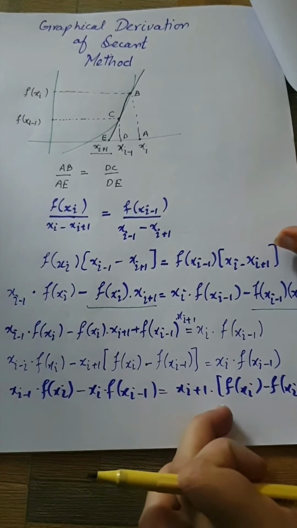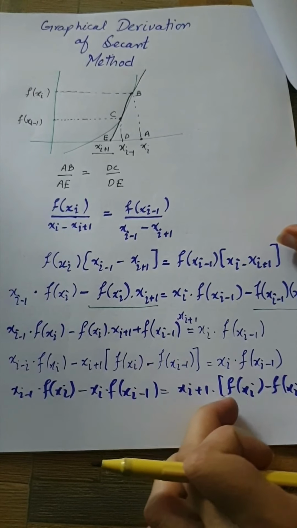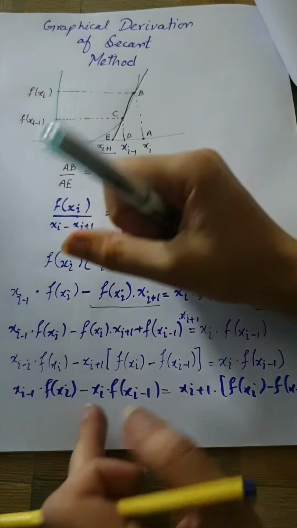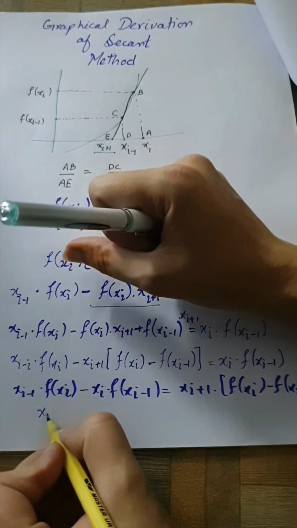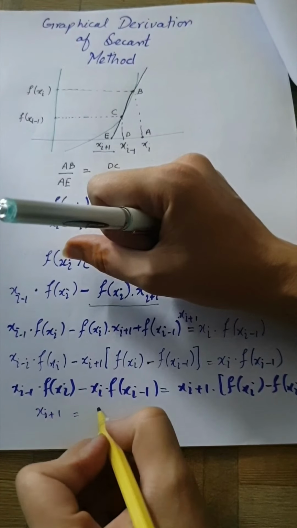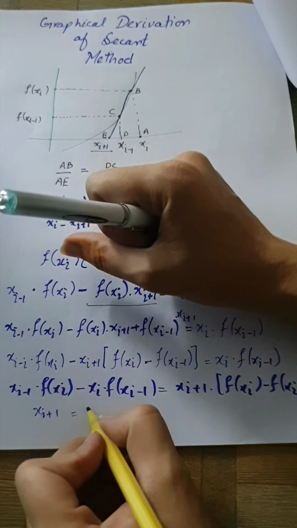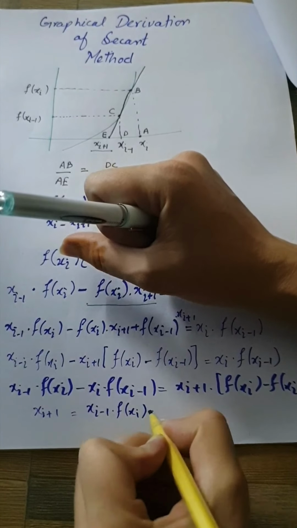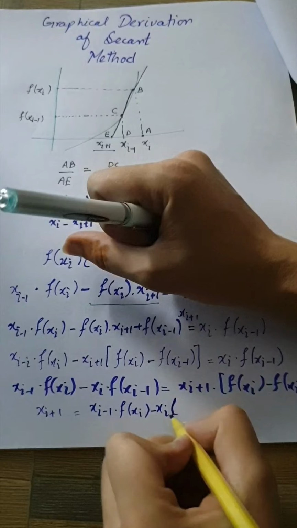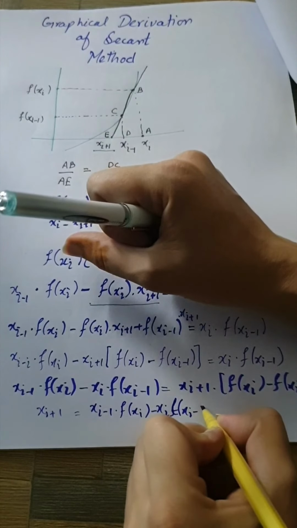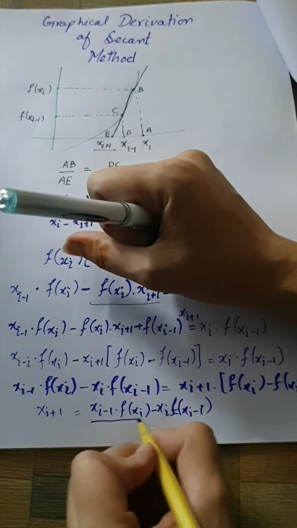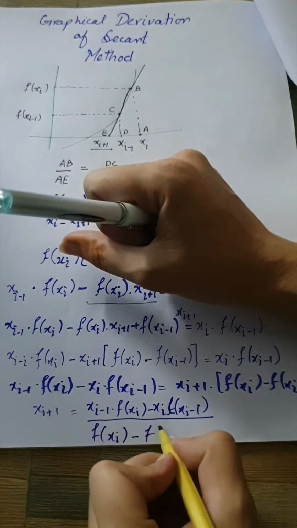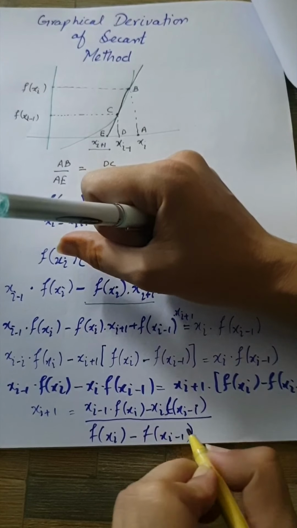Alright, let's just divide this whole expression with the term on the right hand side. So you will get x of i plus 1 is equal to x of i minus 1 into f of x of i minus x of i into f of x of i minus 1, divided by f of x of i minus f of x of i minus 1.